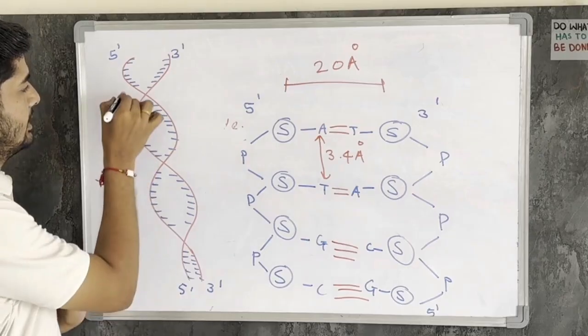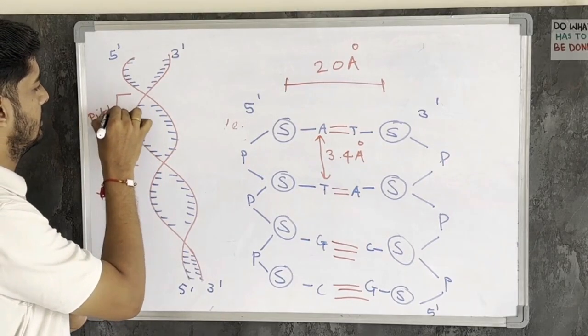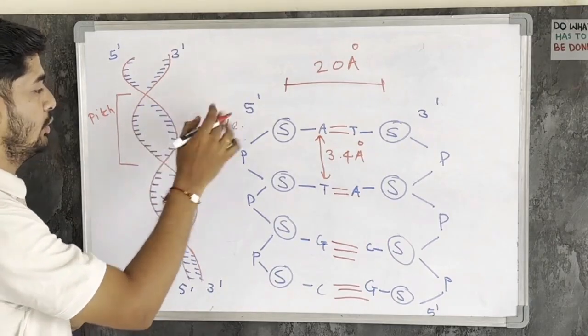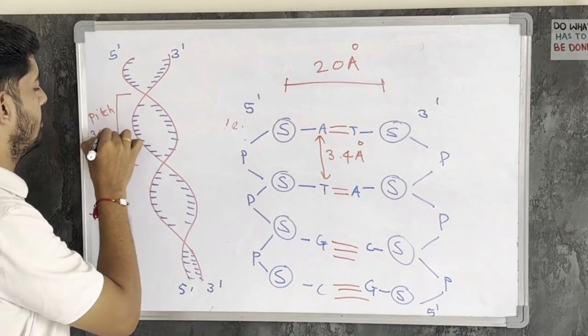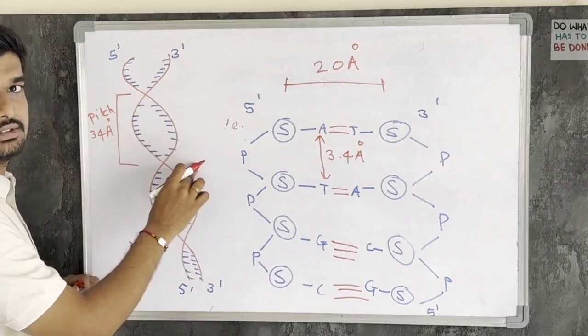This is called the pitch. It contains roughly 10 nucleotides, and this pitch is of 34 angstrom units. Now it will be clear that 10 nucleotides are considered one pitch.